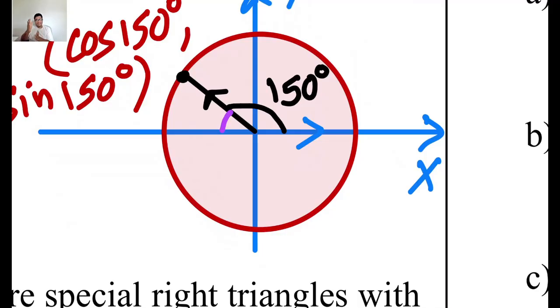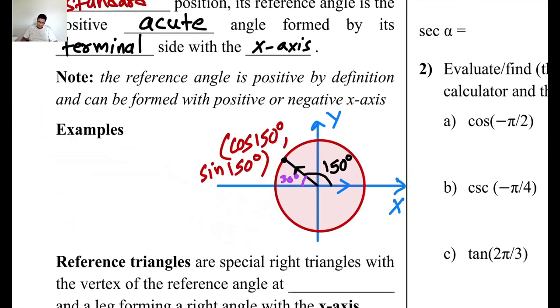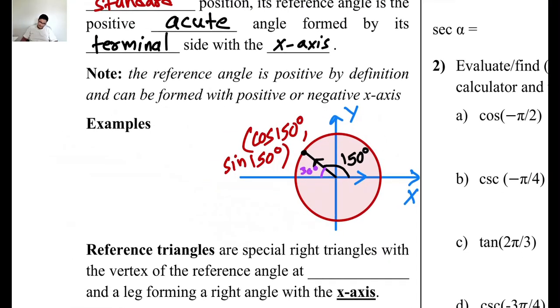So if that is 150 degree, obviously this will be 30 degree, right? That will be our reference angle.